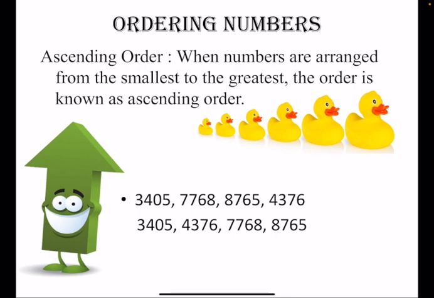On that basis you will compare and you will find out that 3405 is the smallest. So bigger than this is 4376, greater than this is 7768, and the greatest number of all these is 8765. So this is the way, pattern, how you will arrange the numbers in ascending order.